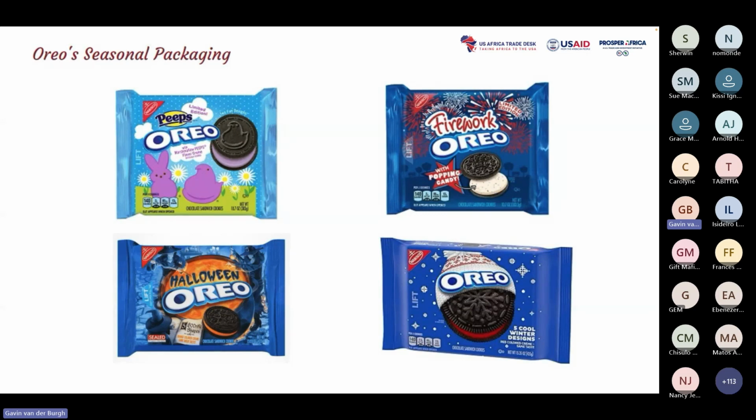You've got the same product that is sold over the Easter period in different packaging to what is sold over the 4th of July holidays, to what is sold in the Halloween period, to what is sold in the Christmas period. It's just the different flavors in your entire range that focus on a consumer trend and a consumer's buying habit over a specific period in the US.